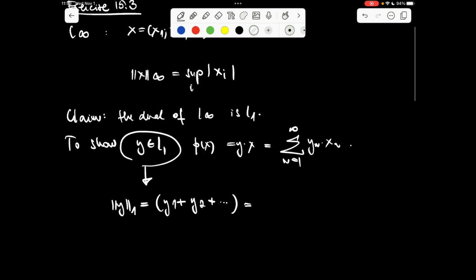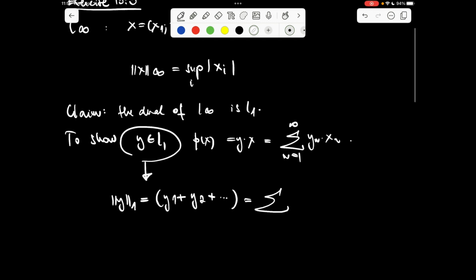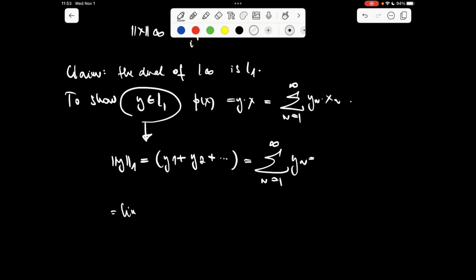Okay, which can be written this way, which is the same as this sum. And this sum is finite.